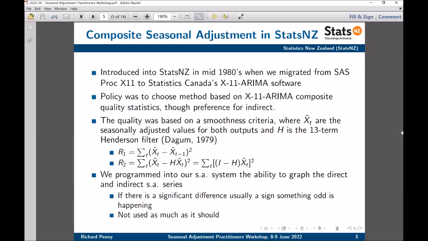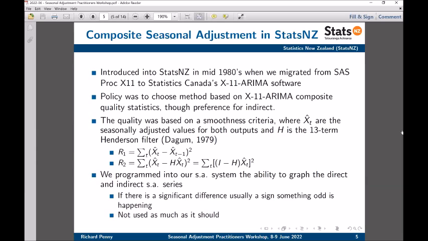For those of you who don't know, I'm not going to go into much detail, but the quality was based on the smoothness criteria, the R1s and the R2s. Those are the formulas there if you want. We programmed into our seasonal adjustment system the ability to graph the direct and the indirect seasonally adjusted series on top of each other.